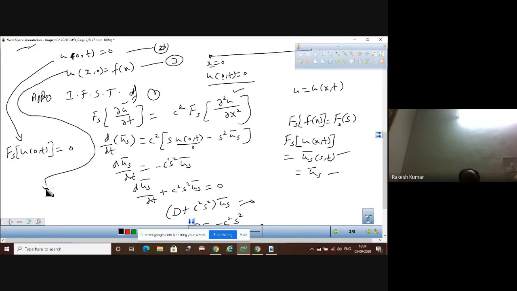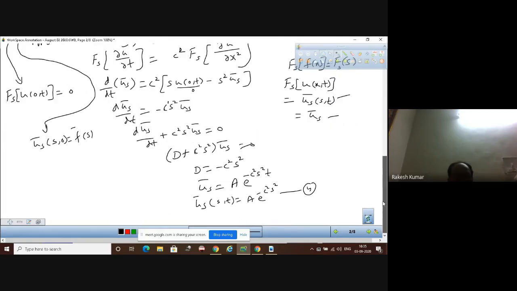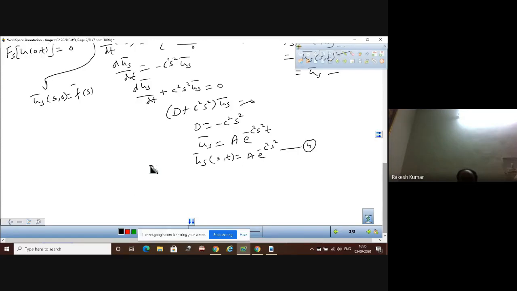From equation number 3, by taking the Fourier Sine transform, we will have u s bar (s,0) equal to f bar s. And what is this value? This is the value at t equal to 0. So ultimately we can put t equal to 0 in this equation.